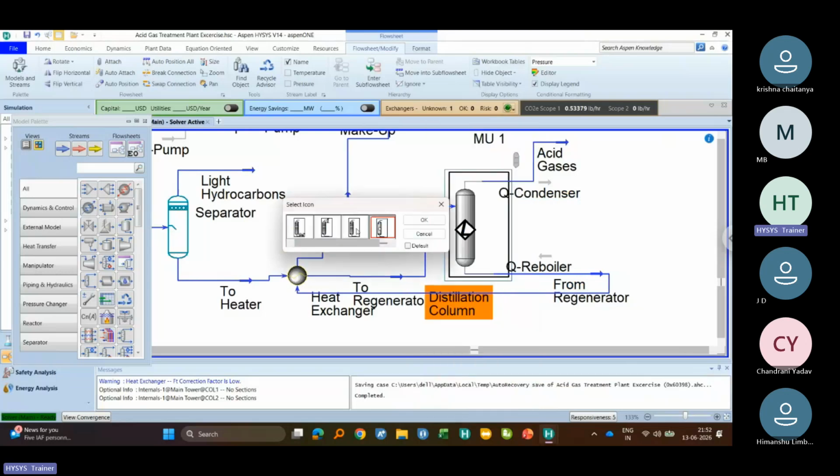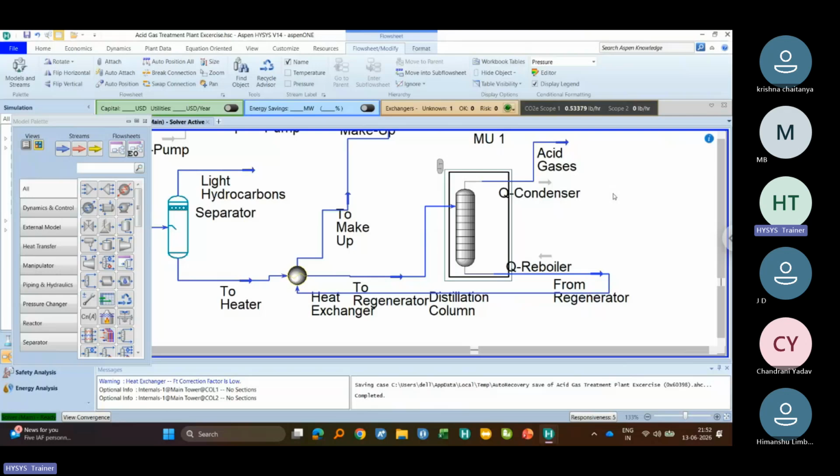Let's change it to something else. It should look more like the distillation column. You'll see that the streams may appear detached from that column, but no, they are actually attached to that column, but it will be shown like this because it is that particular symbol which we have selected.